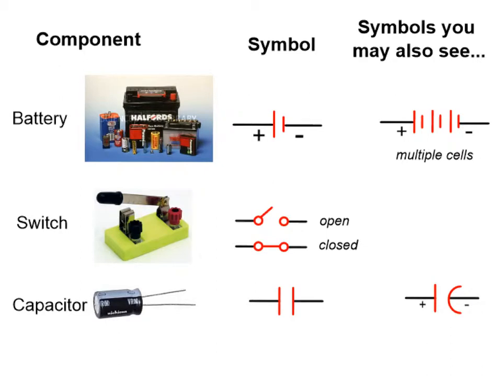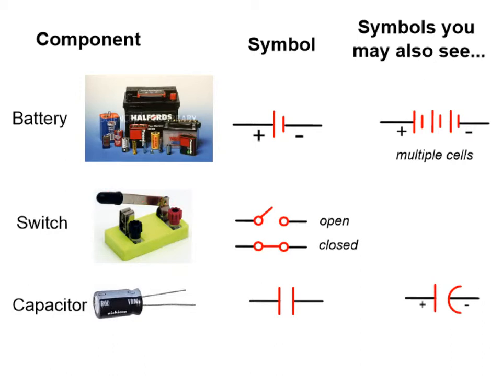A battery is an important component in our schematic diagrams, and when we have these wires right here, this would be the symbol for the battery or the potential difference. You might see it look like this with multiple cells involved. If we have a switch like this, this is what those are symbolized like in our schematic diagrams.